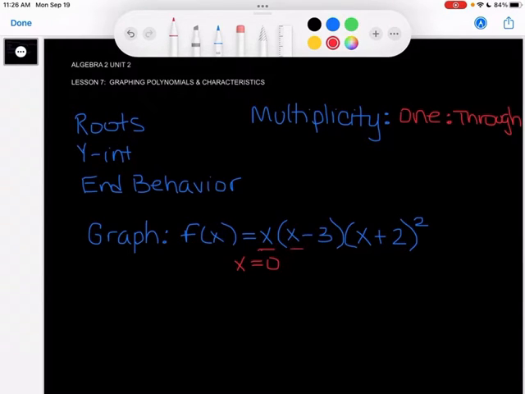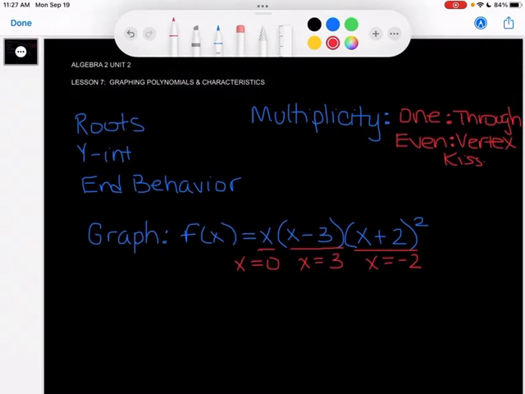If I set that equal to 0 and solve, I'd get a root at 3. That's a multiplicity of 1. It goes straight through. Now here, x plus 2, which would be a root at negative 2, has an even multiplicity, it's in there 2 times. So if you have an even multiplicity, then there's going to be a vertex at that root, or it's going to kiss it. It's going to touch it and then go back the other way.